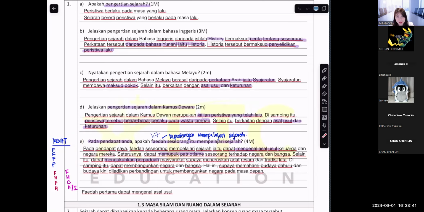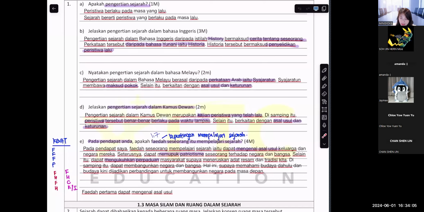Some teachers, they do not mind because structure is 4 marks. Some teachers, they allow you all to write all 4 fakta. Like this, 1 mark, 2 marks. Like that. No need to write supaya like that. Some teachers, they say, no, I want you to write fakta huraian.